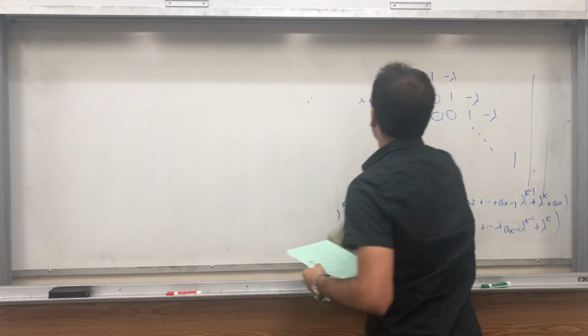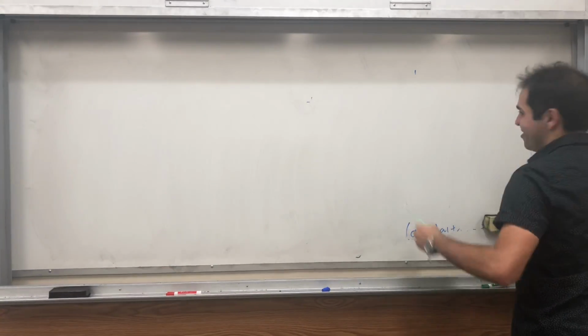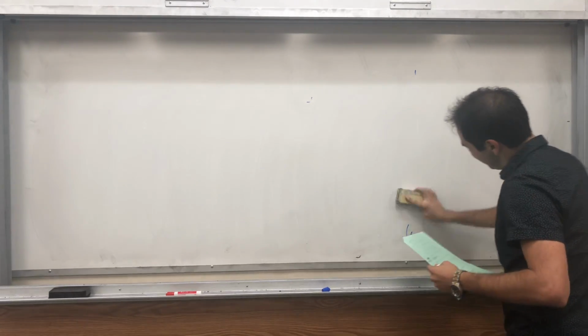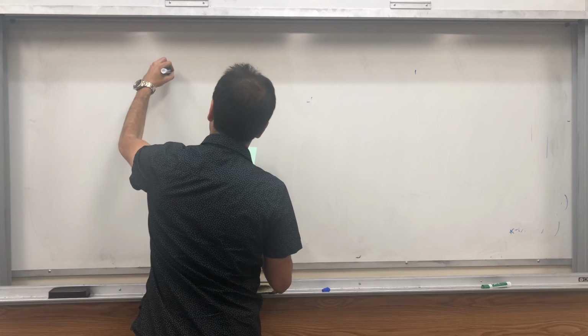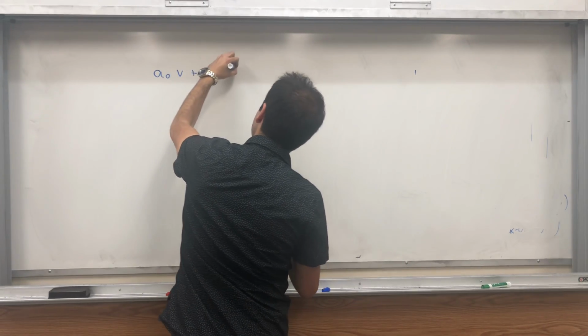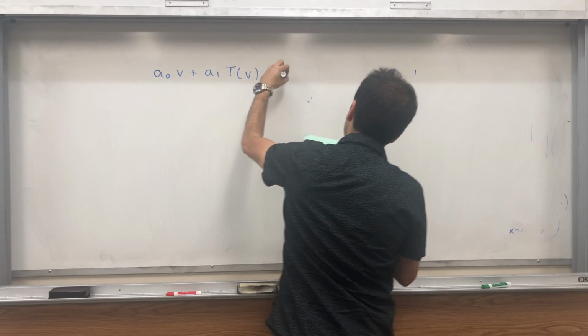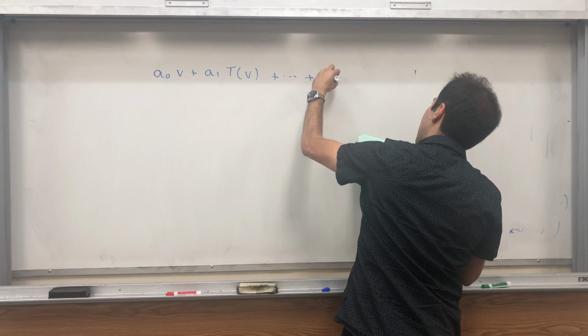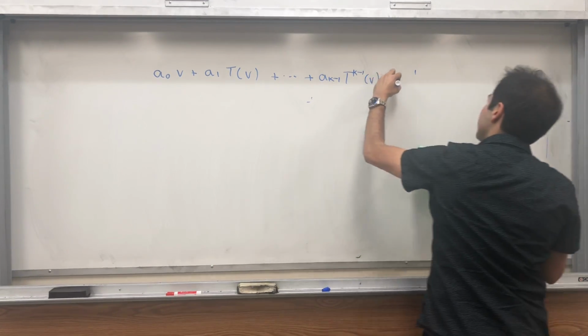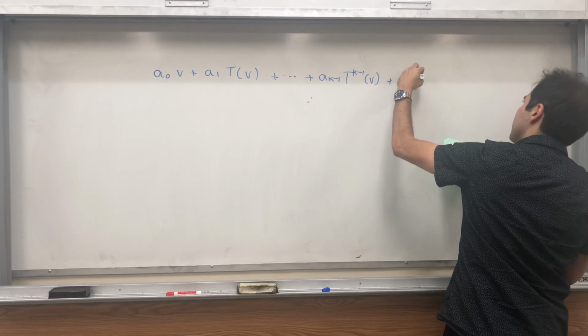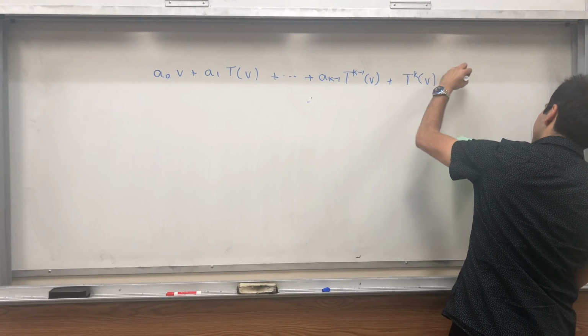Namely, we get a non-trivial linear combination that gives you 0. So a0 v plus a1 T(v) plus dot dot dot plus a_{k-1} T^{k-1}(v) plus the redundant vector T^k(v) equals 0.